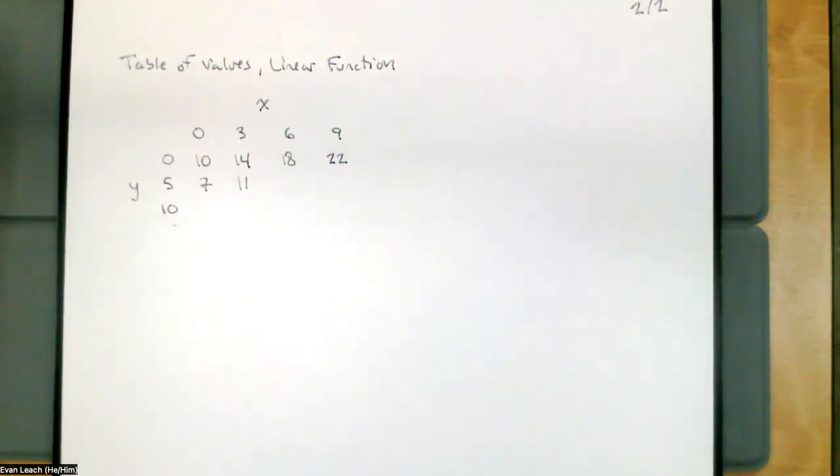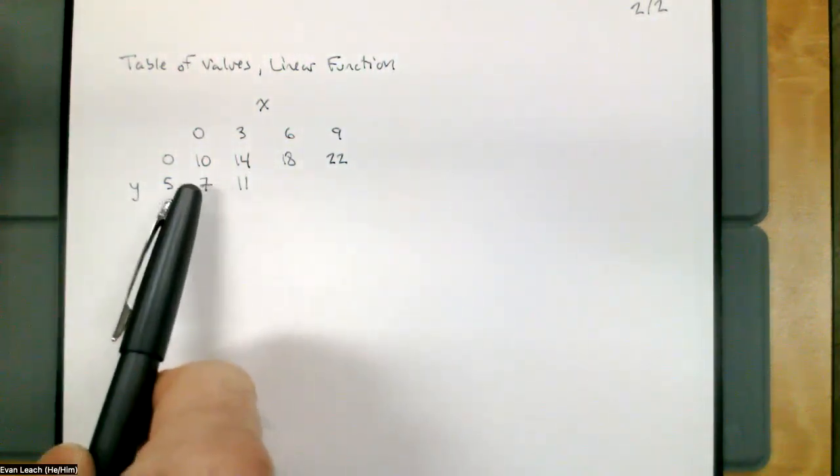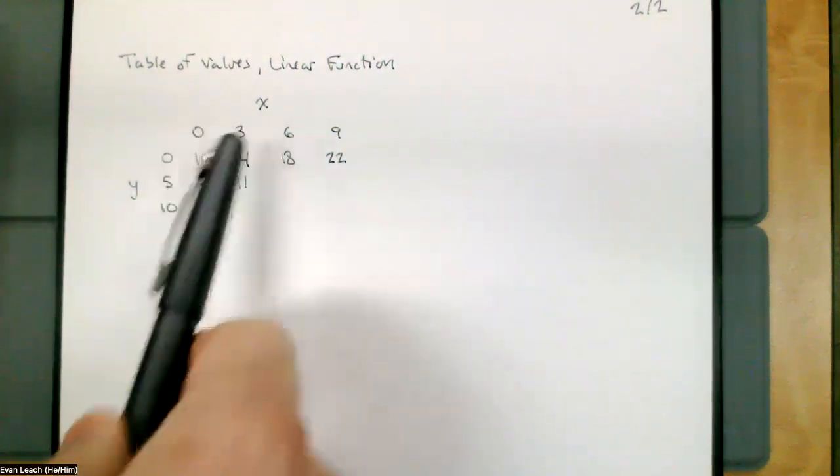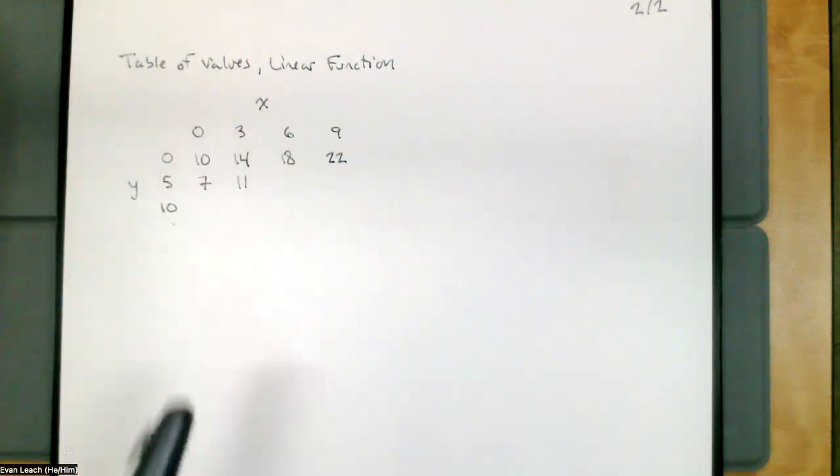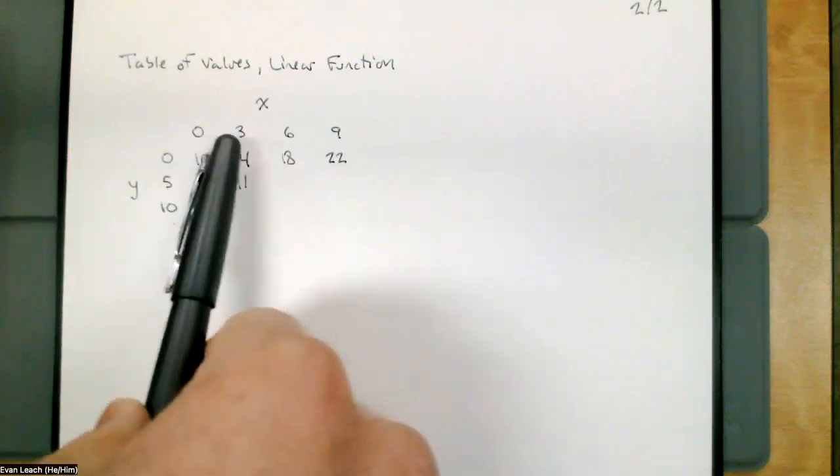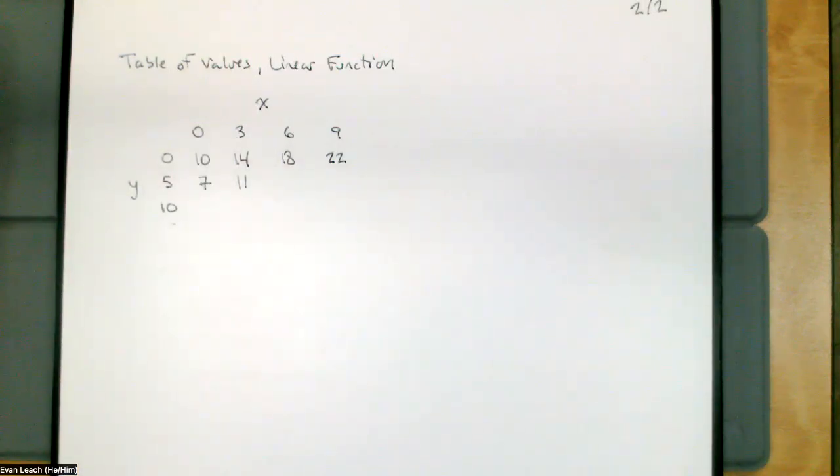If this is a linear function, the change in z divided by the change in x should always be the same. So if z increases by 4 when x increases by 3, that has to always be true. Also, the change in z divided by the change in y should be constant.